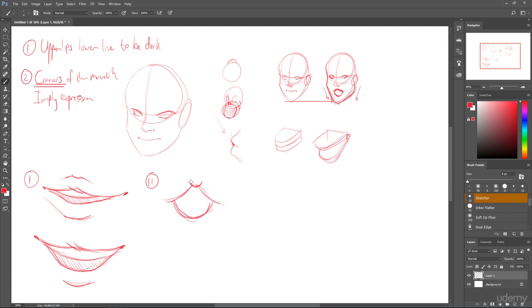So this is more of a wider circular opening here. Almost like the person's going, oh, or something like that.